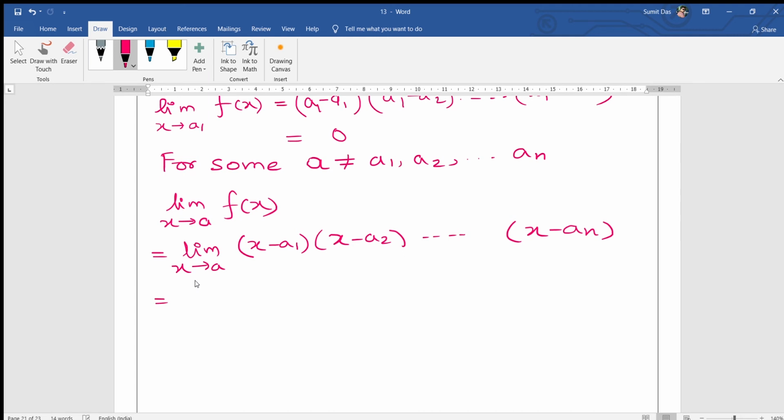If you put a instead of x, we will get (a minus a1)(a minus a2) continuation (a minus an). Here it is given a is not equal to a1, a2, an, so this value will remain the same. This is one of the easiest questions. It looks very complicated, but it is very easy.